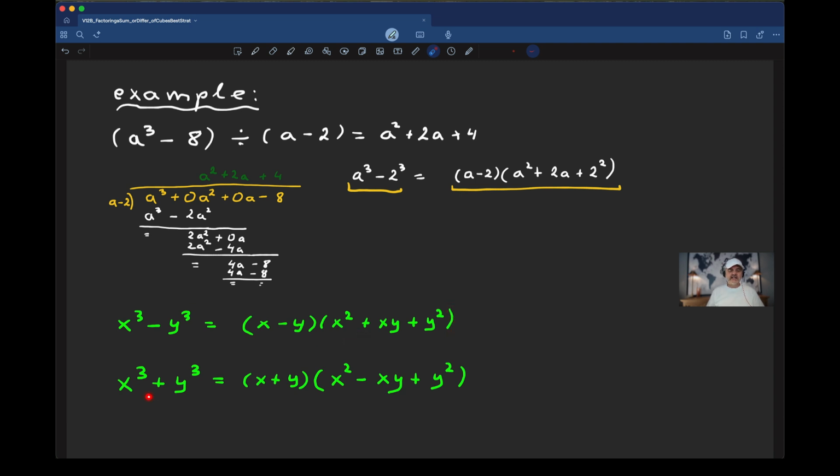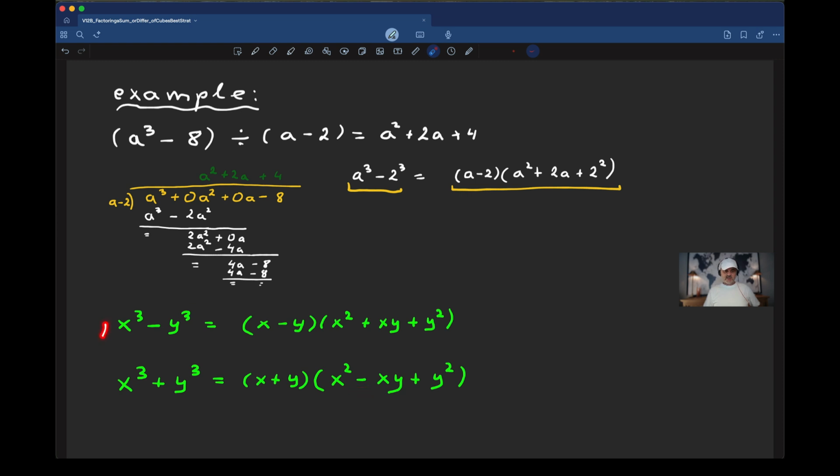When you have a sum of cubes, you end up factoring it with x plus y. So this is that binomial where you have a sum. So that's a consistent sum times that incomplete perfect square trinomial with a minus sign in the middle.